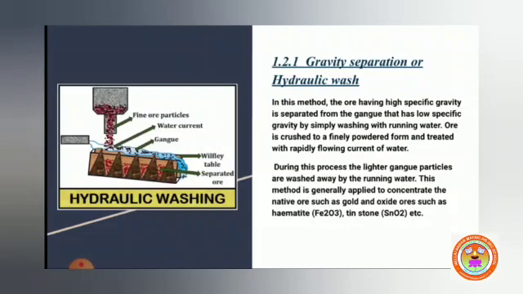In this method, the ore is crushed to a finely powdered form and treated with a rapidly flowing current of water. So when the finely powdered ore is treated with a current of water, the water will wash away the lighter gangue particles, leaving behind the heavier ore particles. Native ores such as gold, and oxide ores such as hematite and tinstone, can be concentrated by this method.